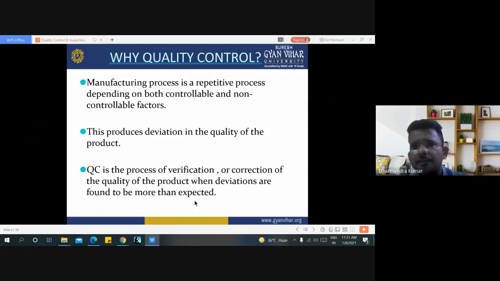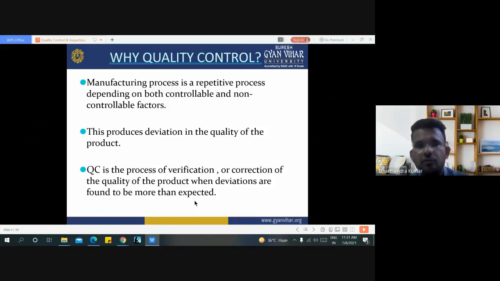Here, controllable factors mean assigning skilled labor and assigning the appropriate machine for appropriate machining. Non-controllable factors are things such as idling of a machine due to the failure of a component, the lack of raw material, or the lack of resources like water or electricity.